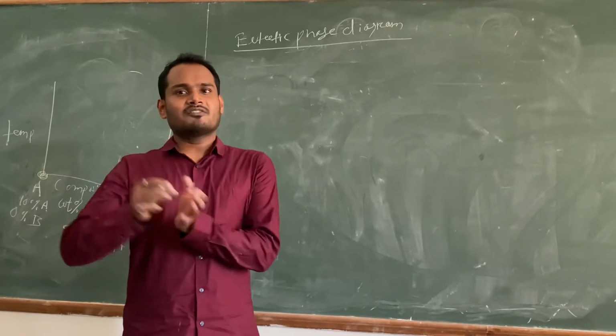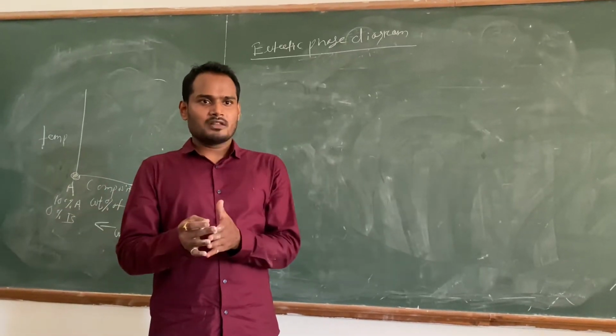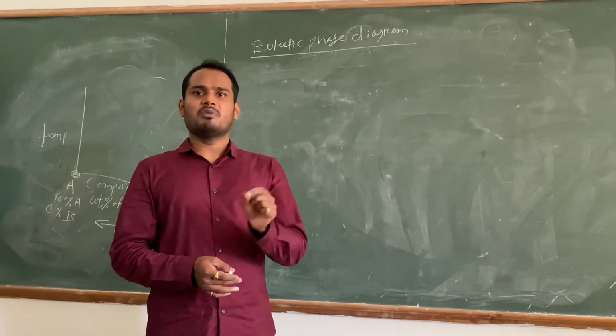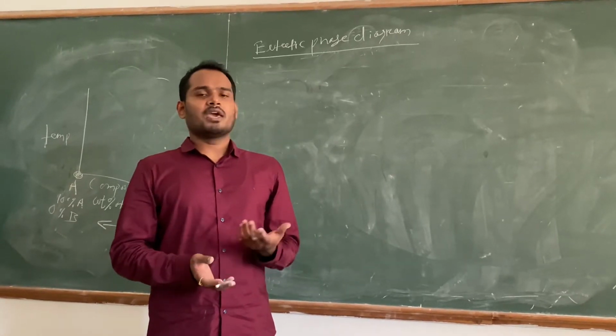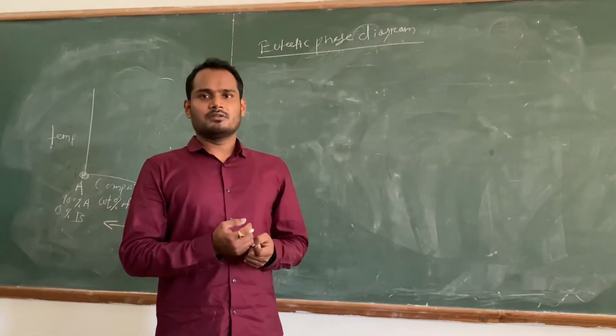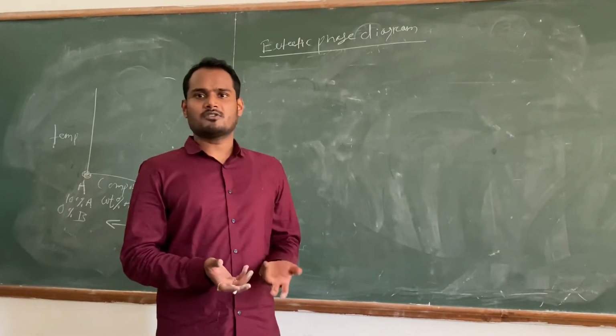At other compositions they have a high melting point, but if you add them together in a particular ratio, a time will come when we have a minimum melting point. So if we want to make a solder, or a low melting point component, we can easily make it by looking at the phase diagram, that's all.